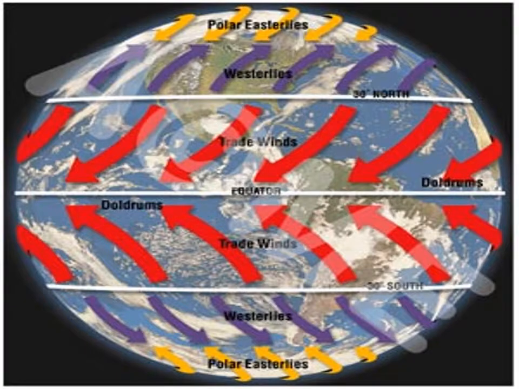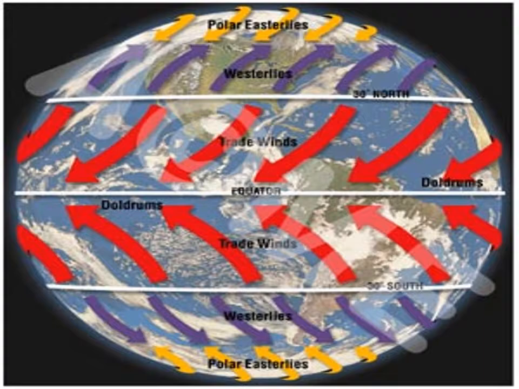So if you look at this diagram, let's focus just north of the equator in the northern hemisphere. You see the trade winds blowing from the east to the west. You see the westerlies, which are the purple arrows, blowing from the west to the east. And that's where the United States is. And that's why weather in the United States travels from the west to the east, because we're affected by the westerly winds.